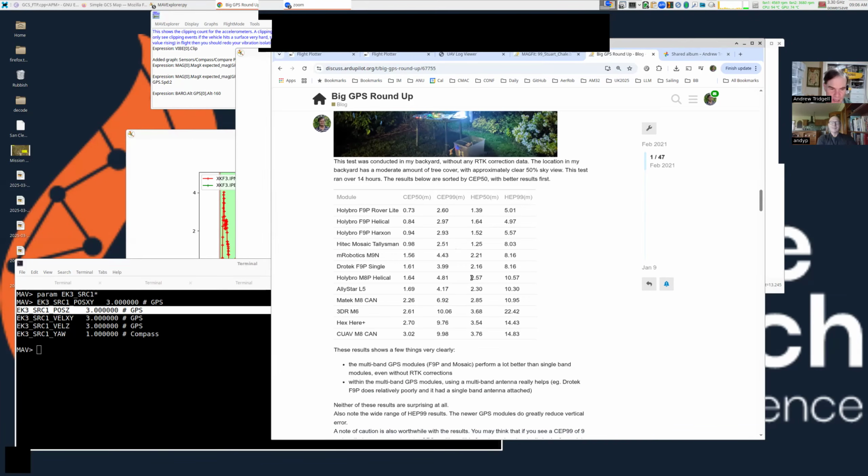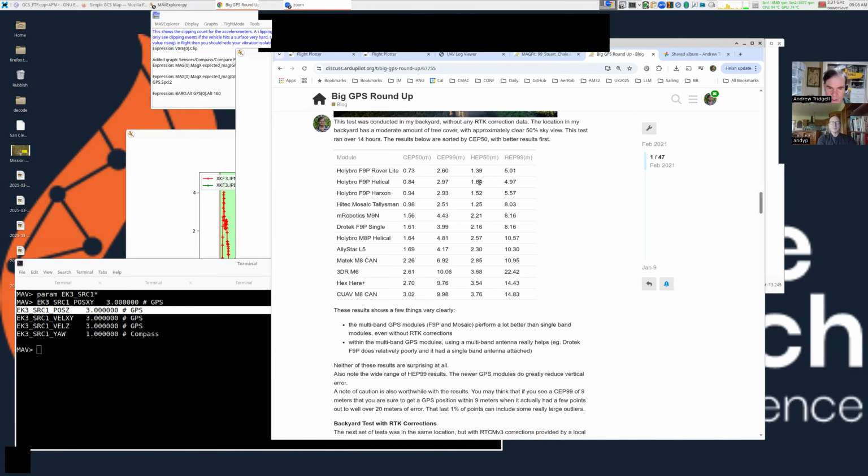And what you see is that a lot of these cheaper GPSs, this number, the HEP number, that's the height error probable 50%. What this means, this number here, 3.76, says that 50% of the time there was a height error of more than 3.76 meters. Sorry, 50, yeah.